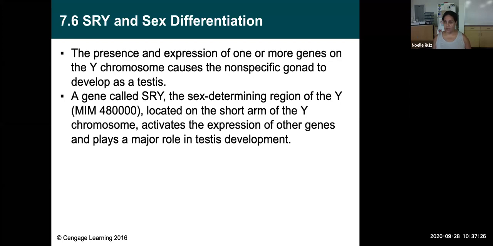So normally, if you have that gene, it will induce the nonspecific gonads to start producing male sex organs and hormones.